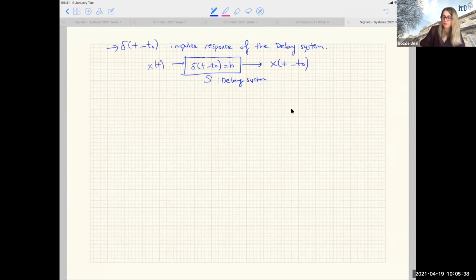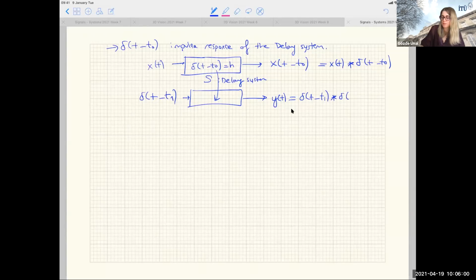So this is x of t convolved by delta of t minus t0. If delta of t minus t1 goes into this system, what is the output? Delta of t minus t1 convolved with delta of t minus t0 shifts again, giving delta of t minus t1 minus t0. The shift amount is now the total shift of the two.